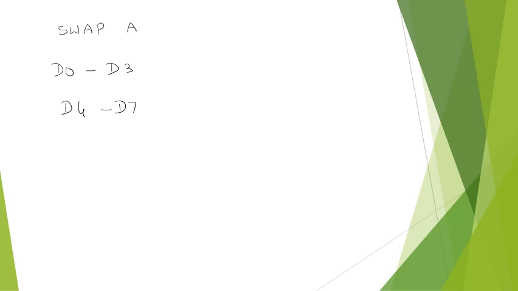So suppose we have the accumulator content as 59H, then after swap operation the content in accumulator will be 95H. So the lower 4 bits will be swapped with the upper 4 bits.